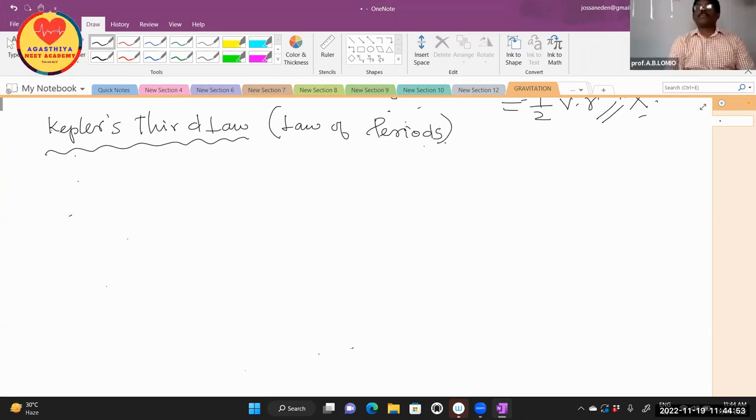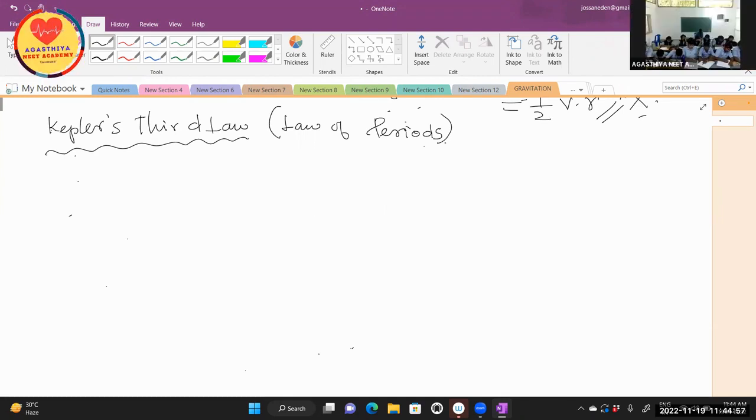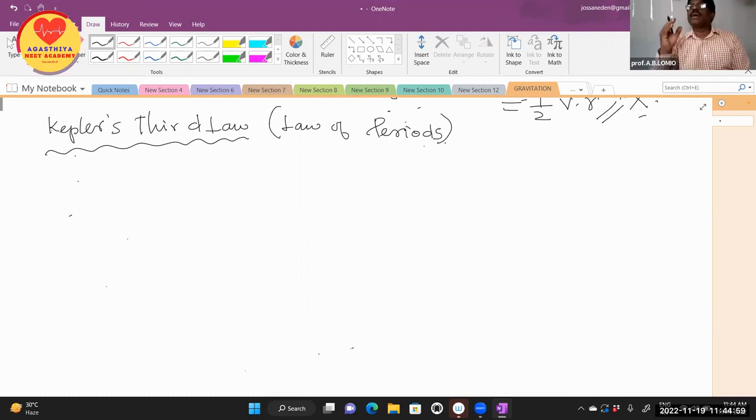According to Kepler's third law, the square of the time period of revolution of the planet is directly proportional to the cube of the semi-major axis. I write the statement. Kindly take down this.